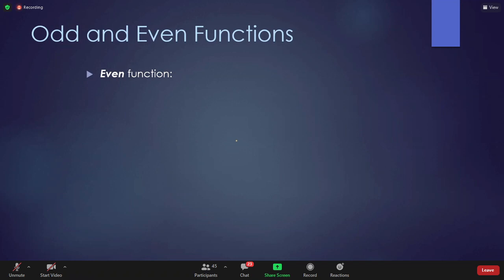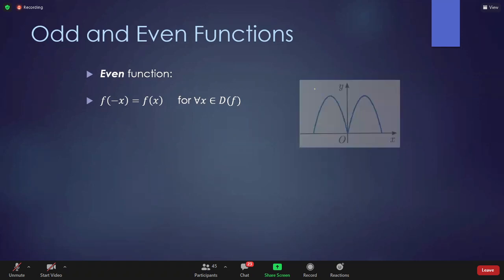If we have opposite values of x, then for an even function, for all opposite values, the function values are identical, they are equal. So you see what happens here in the graph, for example.